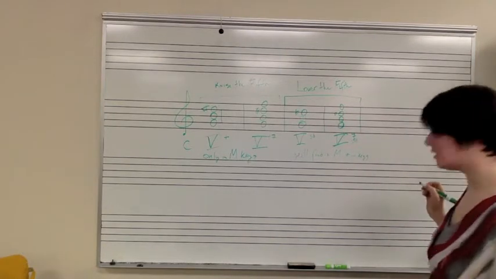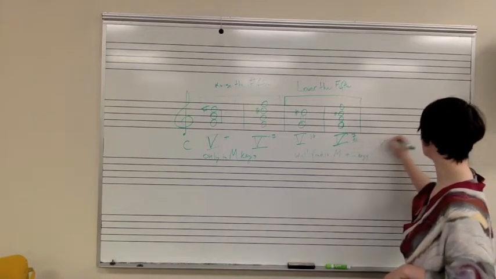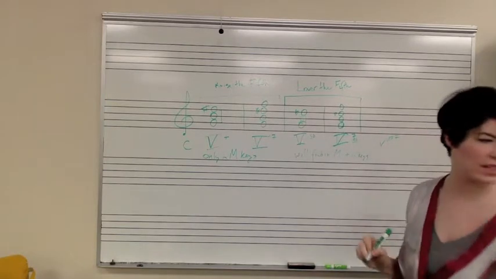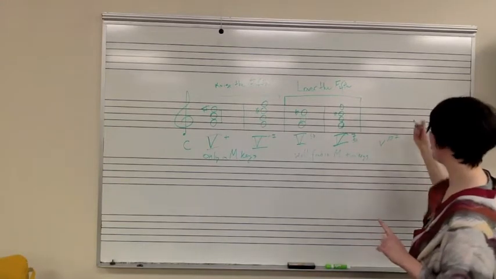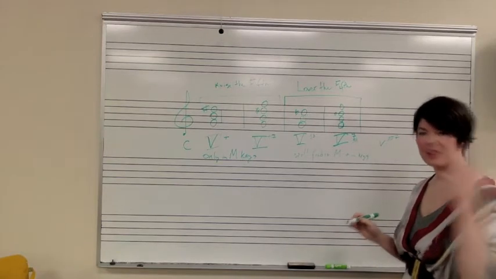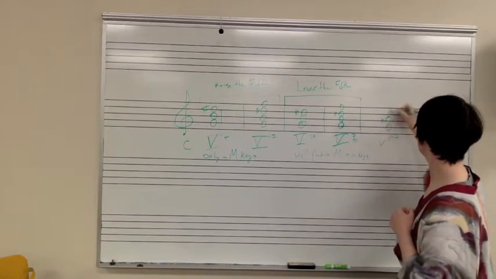Now, our final and last chord is a 5 half diminished 7, written out just like that. All you're going to do is lower the third and the fifth. So it's a G, B flat, we lower the third, we lower the fifth, and then we add our seventh.